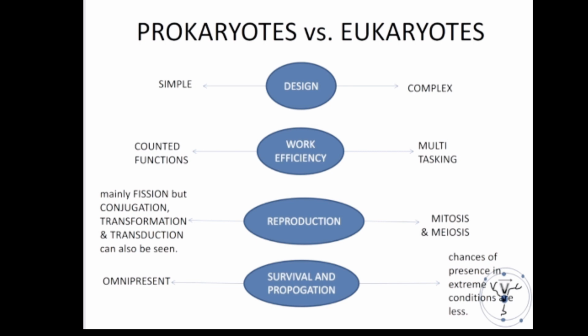Eukaryotic cells are multitasking in nature, with each task being taken up by a specific compartment of the cell. They become much more efficient, with much more production of substances and energy, and much more metabolism of waste products, and hence we witness a multitude of tasks offered by the eukaryotic model as compared to the prokaryotic model.